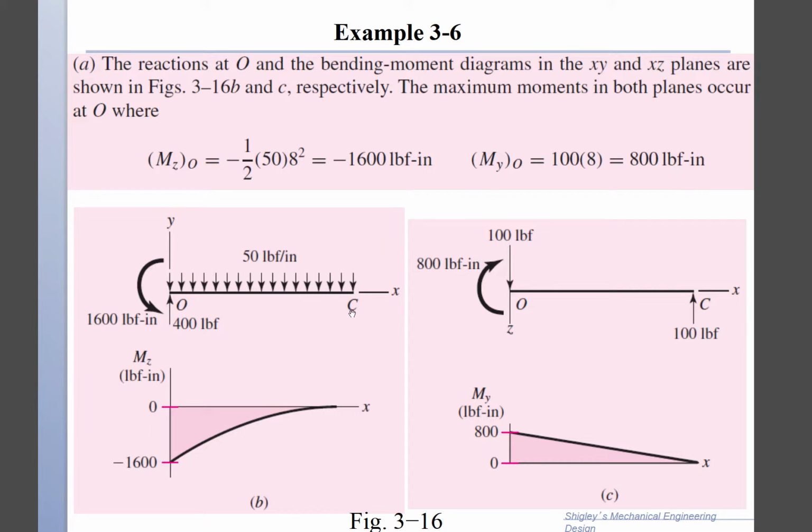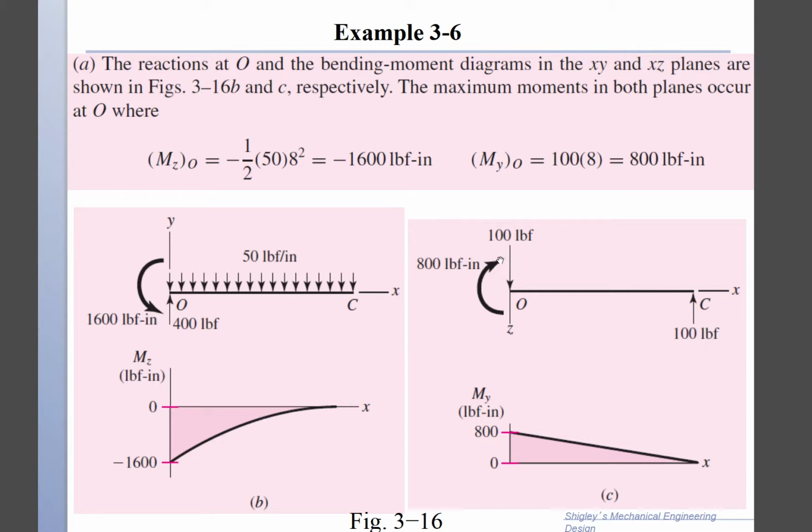Looking at the distribution of moments and forces on the XY plane, you get the force distribution downward, and the moment is resisting the force distribution at 1600. It starts at 1600 negative and then goes to 0. This is a parabola.